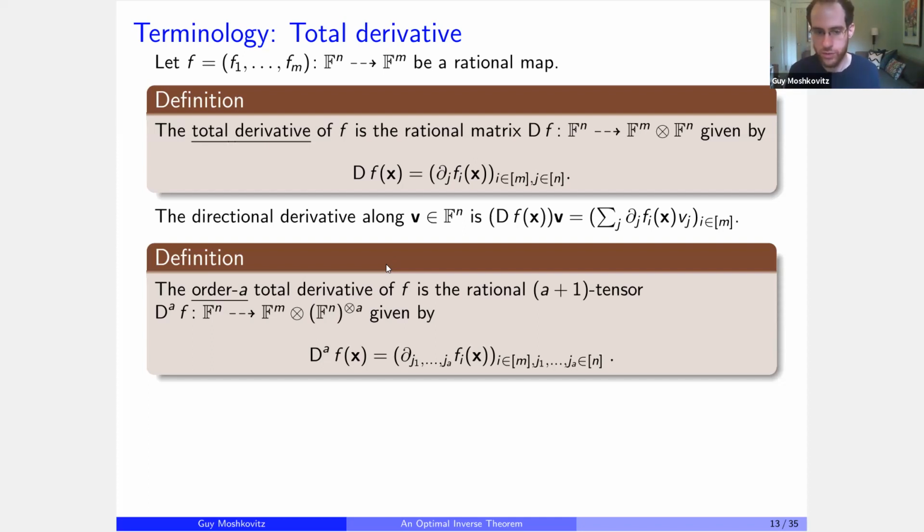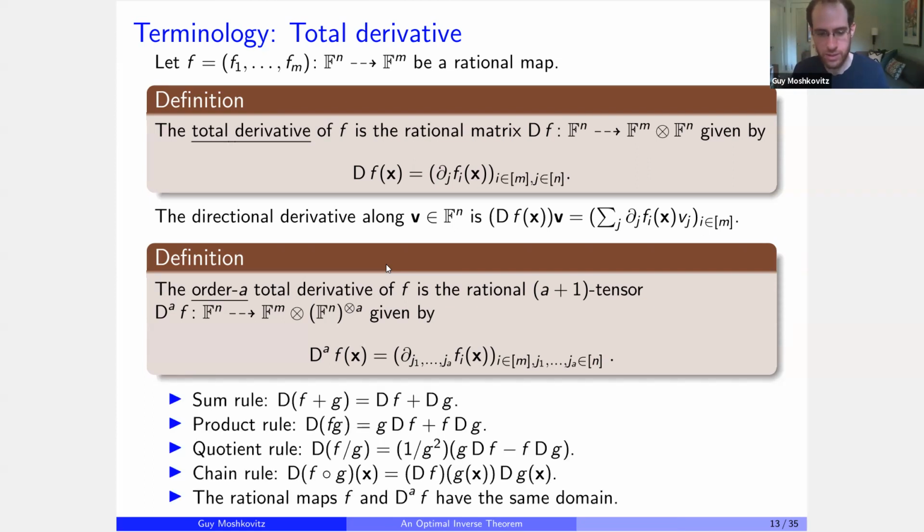So every application of the total derivative decreases the degree of the polynomials in the entries, but you're getting a higher and higher order tensor. Keep that in mind: when I talk about the total derivative, we're increasing the dimension. And of course it satisfies the usual properties of derivatives.